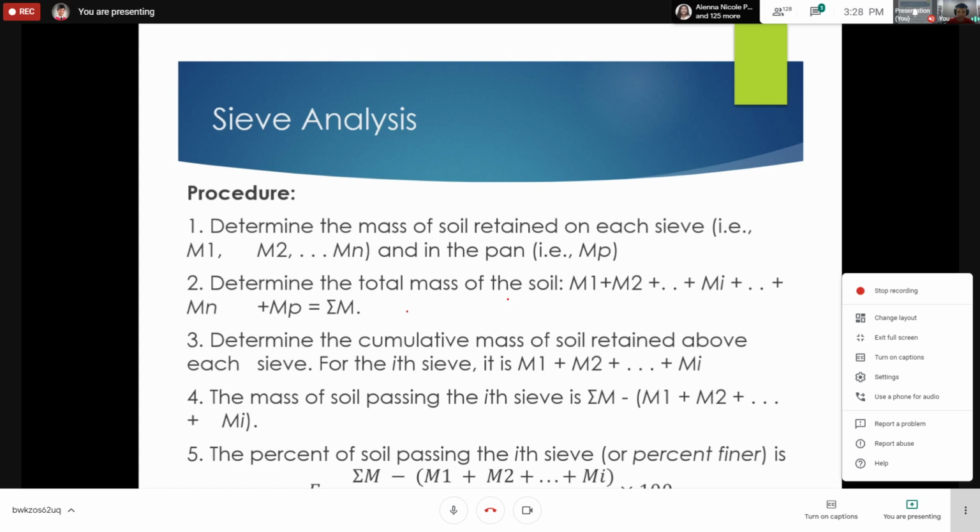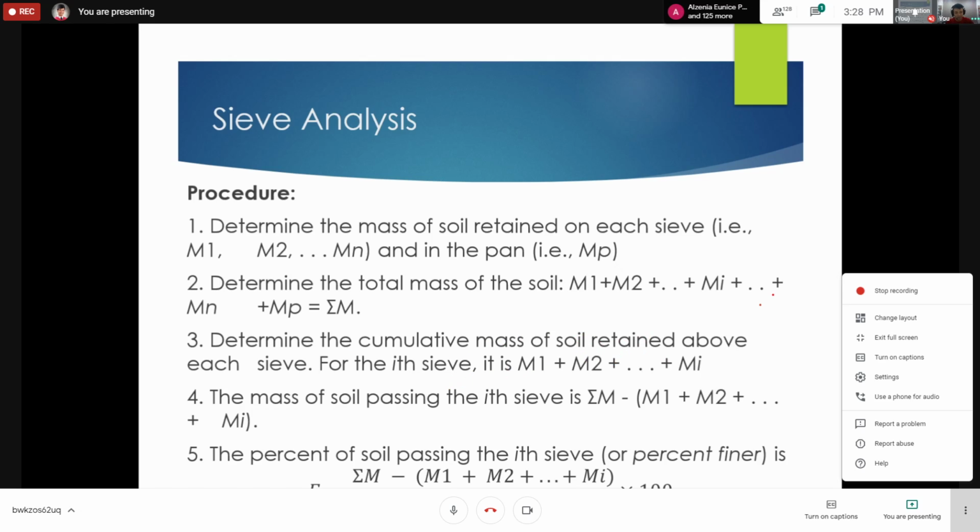Okay, so next is determine the total mass. This one is pretty simple because you just need to add up the total mass. Let's say if you have 10 sieves, you add the masses of the 10 sieves and that's your total mass. Next is determine the cumulative mass of soil retained above each sieve.